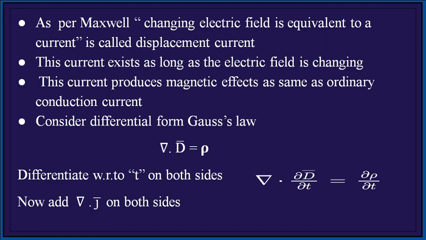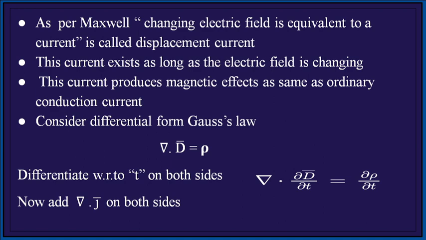Whenever the electric field changes, the changing electric field is considered as a current, and that current is called displacement current. In fact, this displacement current will exist as long as an electric field is changing. Once the electric field stops changing, the displacement current will automatically not exist.